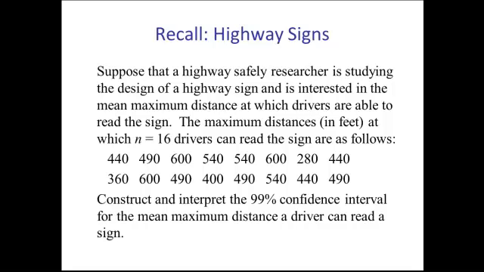The maximum distances in feet at which n equals 16 drivers can read the signs are as follows: 440, 490, 600, 540, 540, 600, 280, 440, 360, 600, 490, 400, 490, 540, 440, and 490. Construct and interpret the 99% confidence interval for the mean maximum distance a driver can read the sign.